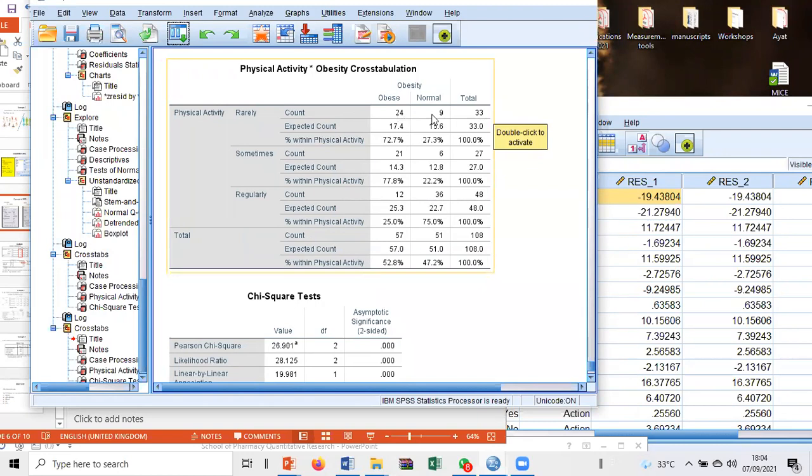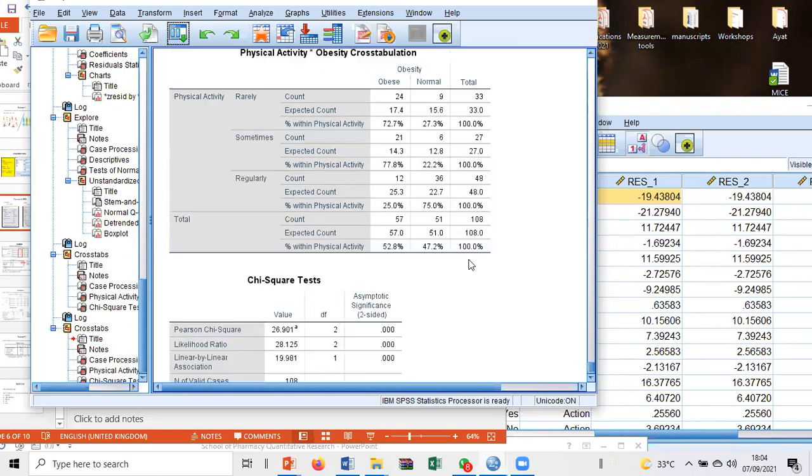Row total multiplied by column total, divided by the grand total. Okay, that gives 17.7. So where is the 12 point something?